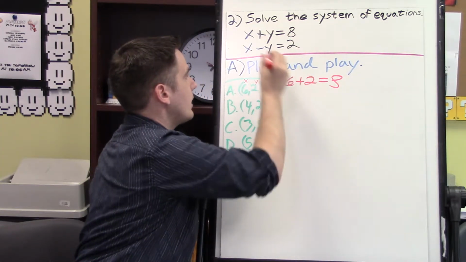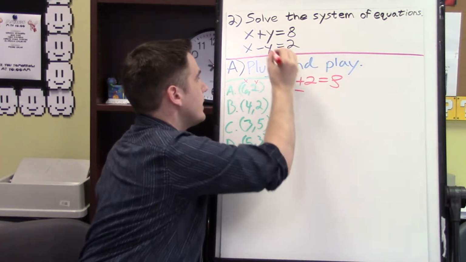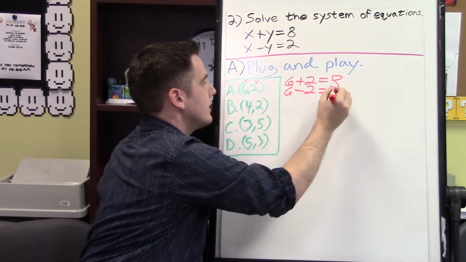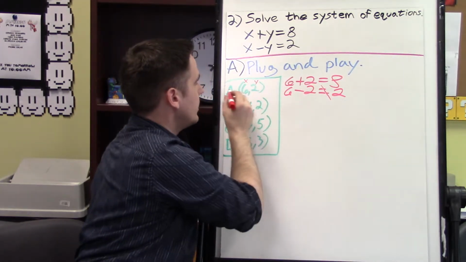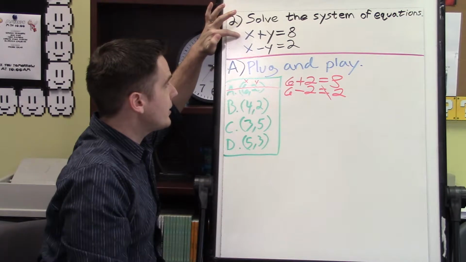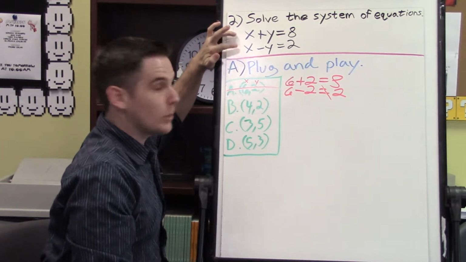All right, that seems to work. So let's try the second one. 6 minus 2 equals 2, but that's not true. So that means A doesn't work. It works for the first equation, but it doesn't work for the second one.